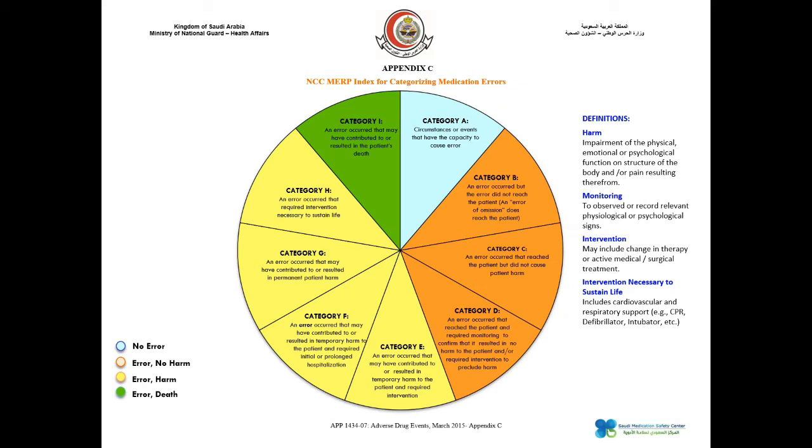E, F, G and H are much more severe. Category I is the most severe, and category I is death. Category H is an error that required intervention necessary to sustain life. That's the level that the administration of rocuronium instead of midazolam caused. Next slide.